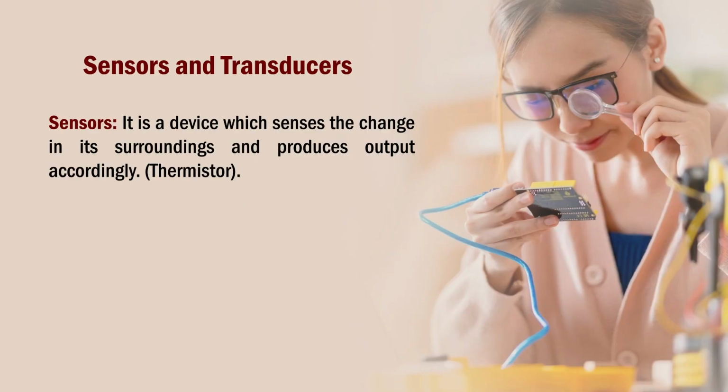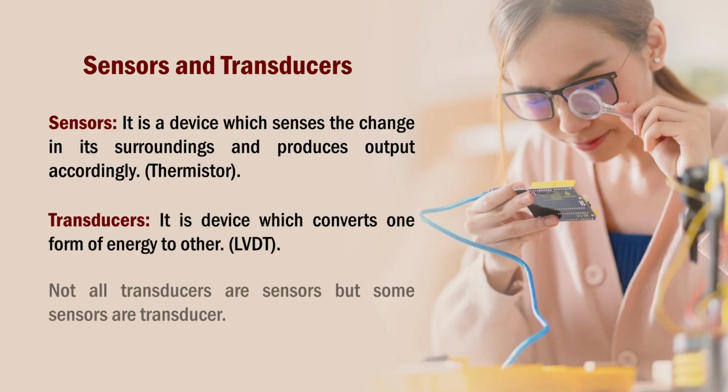but not able to convert energy into other form. Whereas a transducer is a device which converts one form of energy into another form. Not all transducers are sensors, but most of the sensors are transducers.